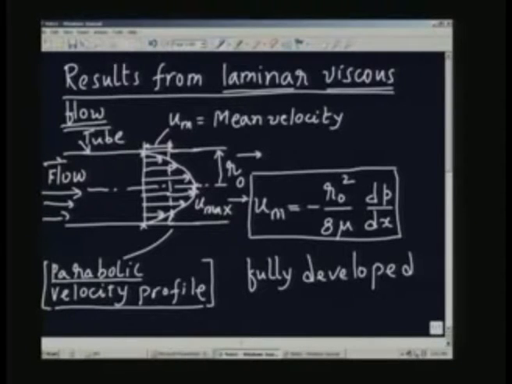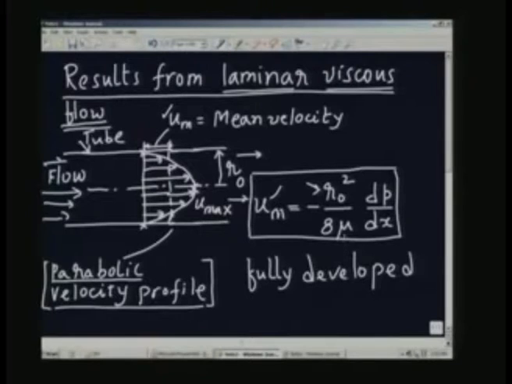Based on the mass flow rate, I can in fact replace the velocity profile, which is parabolic, by a mean velocity, which will be a rectangular profile. And we can in fact show that the mean velocity u_m, which is given here, is related to the radius r naught squared.